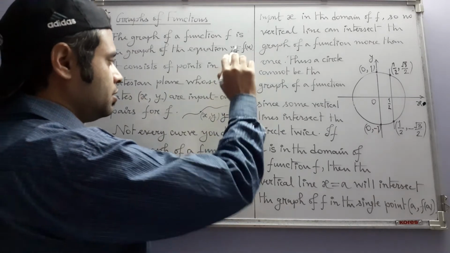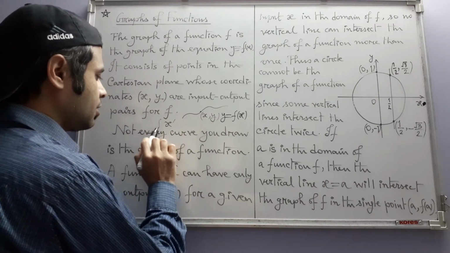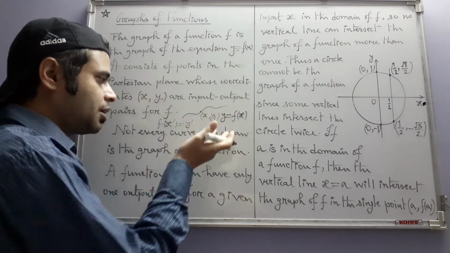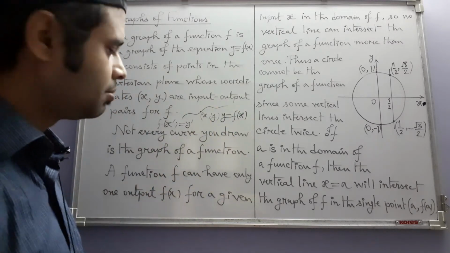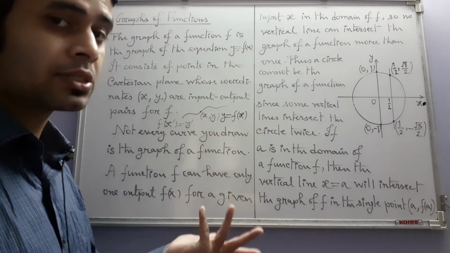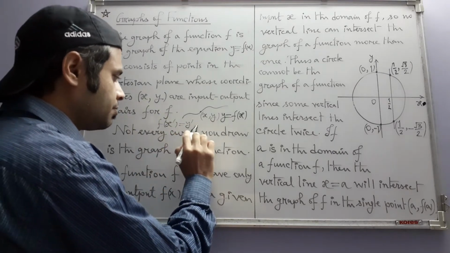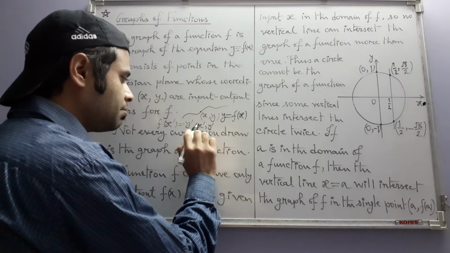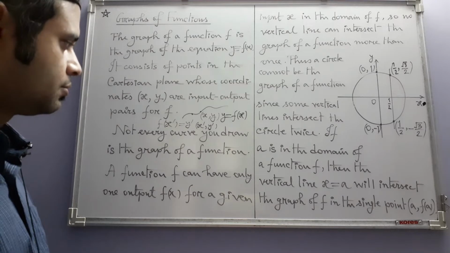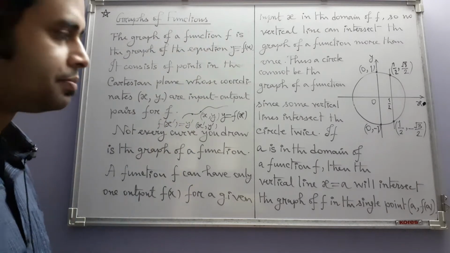Conversely, if you take any input x, say x prime, and you find that the output is y prime, x and x prime of course have to be chosen from the domain of f, otherwise f of x or f of x prime may not make sense. So if this happens, then x prime, y prime will be a point on this curve. So that is the meaning of the graph of the function f.